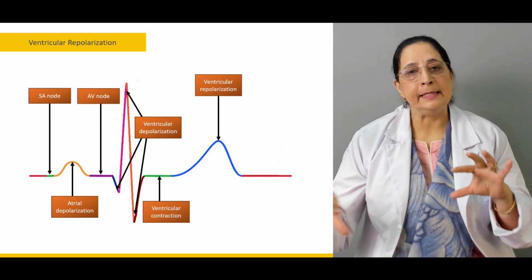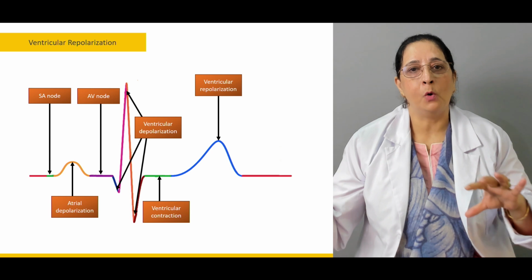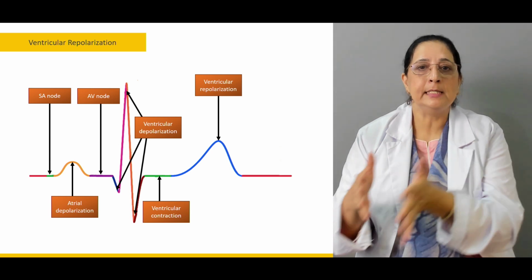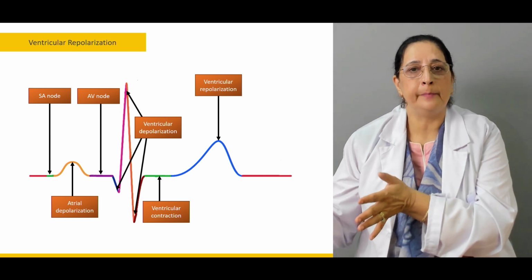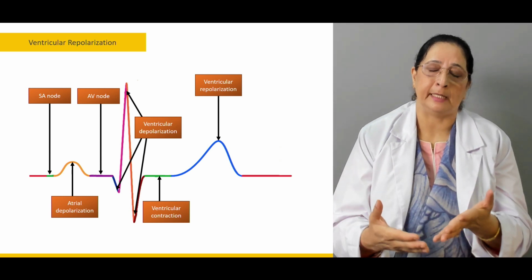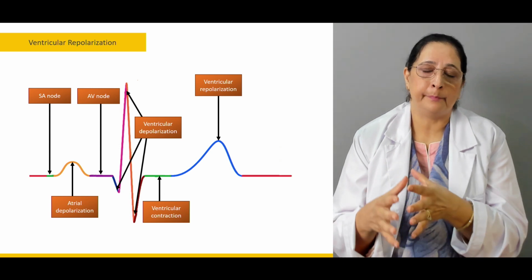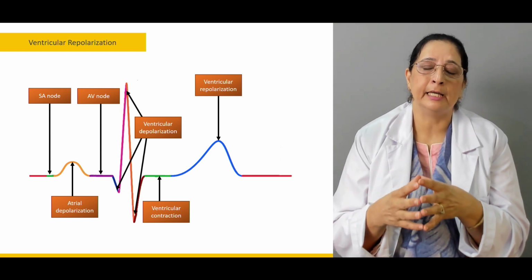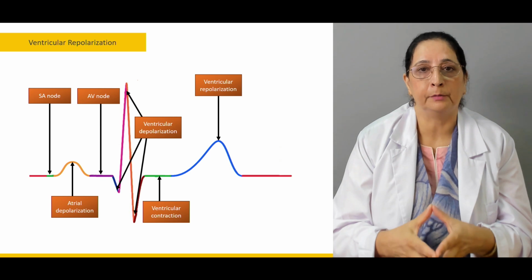And if we run the EKG strip for one whole minute and count these cycles on the EKG strip, that gives us the heart rate or the pulse rate. Pulse is the heartbeat or heart rate which we can feel in the arteries of the body.